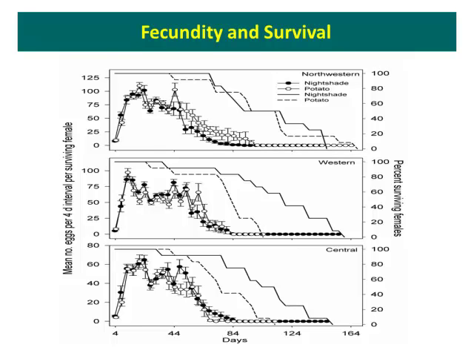But when it comes to the western and the central haplotypes, both western and central haplotype psyllids live longer on the bittersweet nightshade compared to the potato. So this shows that the northwestern is more adapted to both nightshade and potato, and the western and the central haplotypes look more adapted to the bittersweet nightshade compared to the potato.